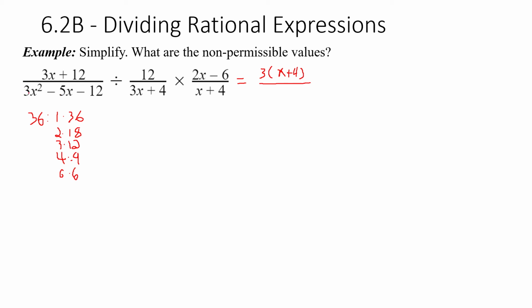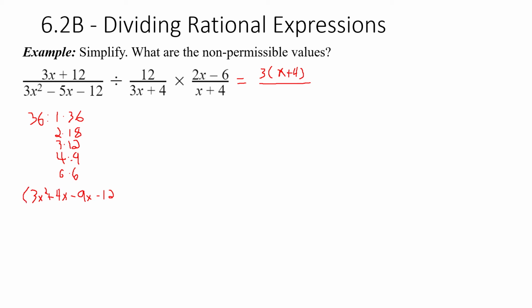So since you have this term here, we are going to have to decompose and then factor. So we're going to turn this negative 5x into positive 4x and negative 9x. So this would be 3x squared plus 4x. It doesn't matter the order that you put the 4 and the 9. You're still going to end up with the same result. Minus 12.